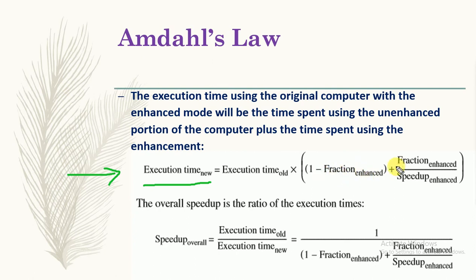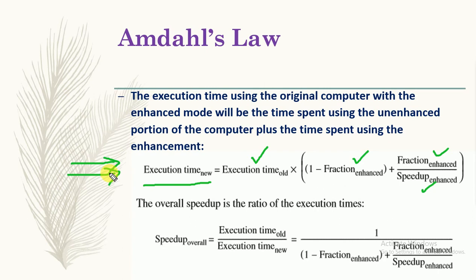So 1 minus that fraction enhanced plus fraction enhanced, same value, divided by speed up enhanced. We already know what is execution time of old. We know what is fraction enhanced. Then we know what is speed up enhanced. So that we can find out the execution time of the new system.